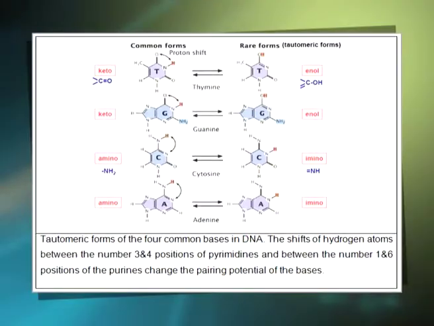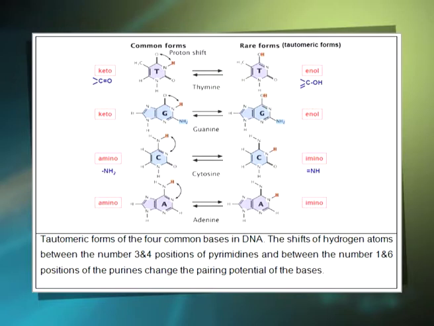In DNA, adenine and cytosine usually exist in the amino form, binding respectively with the keto forms of thymine and guanine through hydrogen bonding. But in their rare tautomeric imino form, they bind respectively with the amino forms of cytosine and adenine through 2 hydrogen bonds.